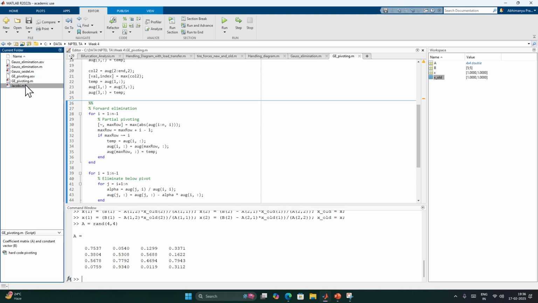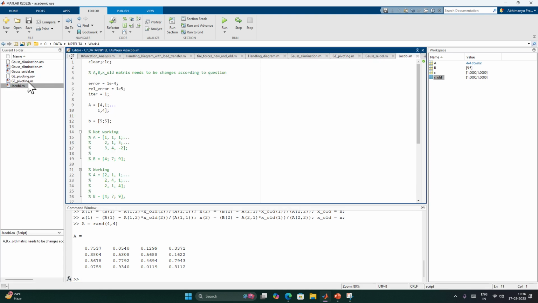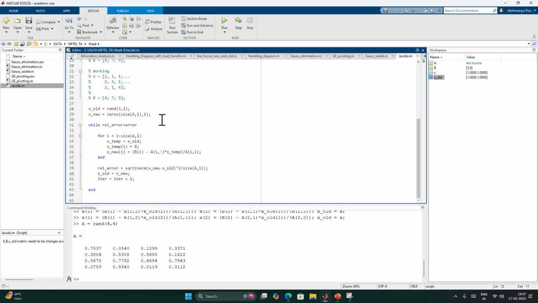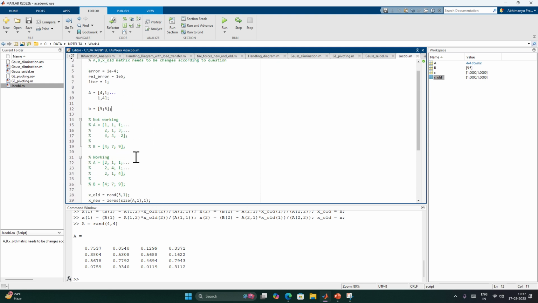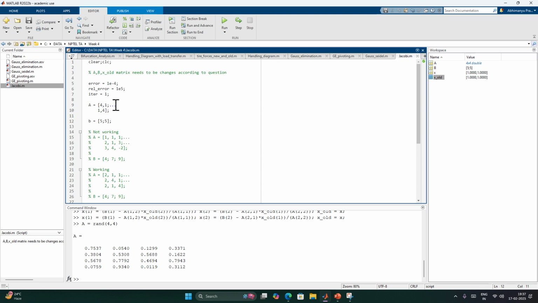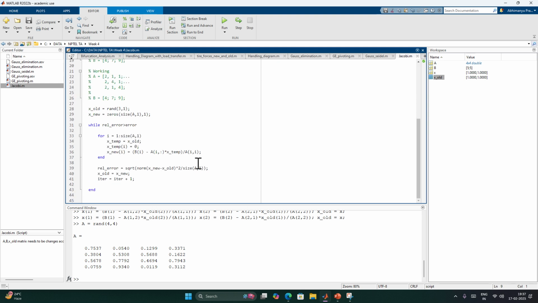Gauss-Seidel and Jacobi. First, we will look at Jacobi, the simpler problem. So this is a general purpose code. I had written it long back. We just need to change the A and B matrices, and the code will run fine.